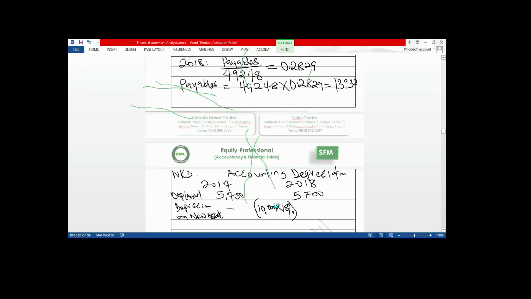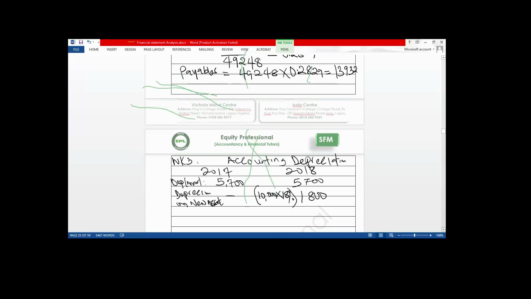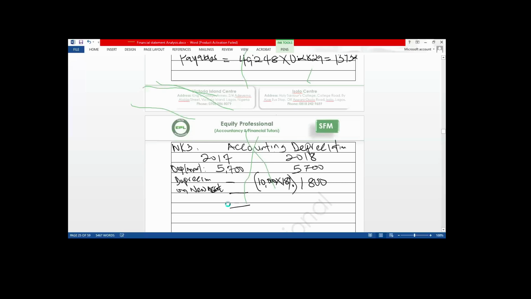So we are going to charge 18% of 10,000. That will give us 1,800. That means depreciation for 2017, 5,700. For 2018, both depreciation on existing assets and depreciation on new assets will give you 7,500. You can now go and post.